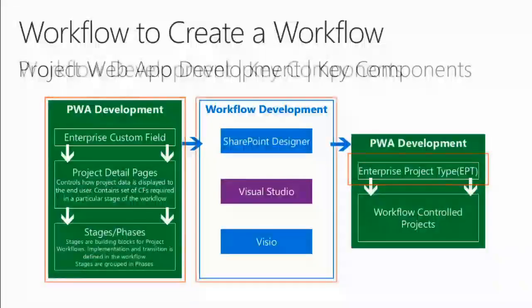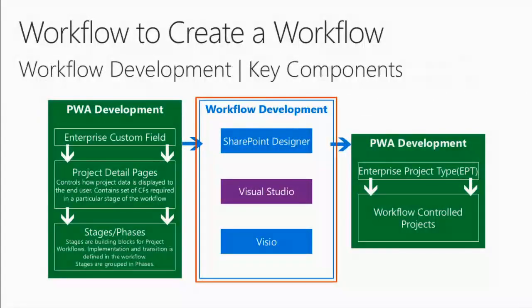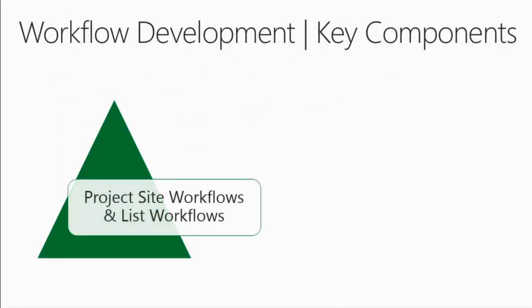Okay. So I'm going to move next to the workflow development. All right? So the key components for the workflow development, if you remember back in 2010, we were dealing with project site workflows. So I put here list workflows as well for the one reason for which we enabled the ideation in 2013. So in 2013, if you have a regular SharePoint list, you can create a SharePoint workflow. So it has nothing to do with project.